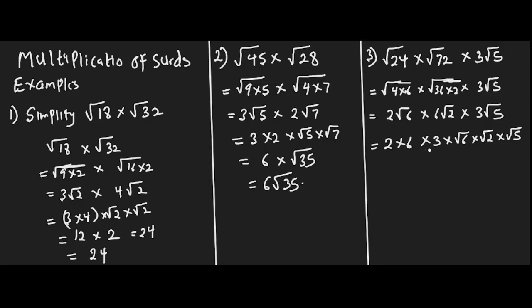This is going to give us 36 times root 6 times root 2, which will give us root 12, so we have 36 times root 12 times 5, which gives us root 60.